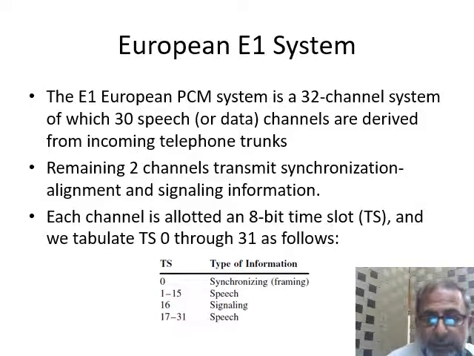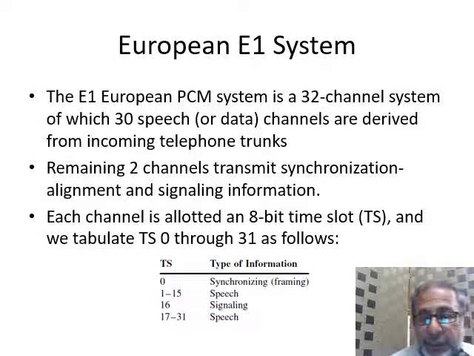The remaining 2 channels transmit the synchronizing, alignment, and signaling information. Here the system is a little bit different from the North American system, because in North American system we have an S bit or the framing bit. This is not the case in the E1 or the European system.